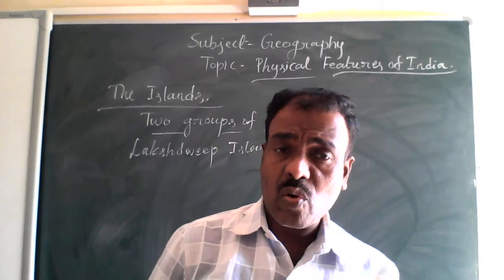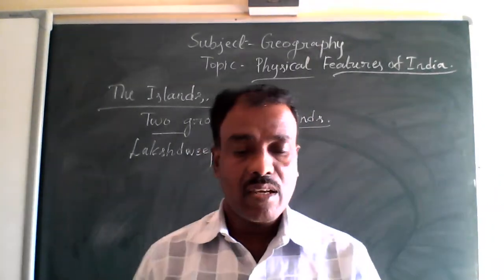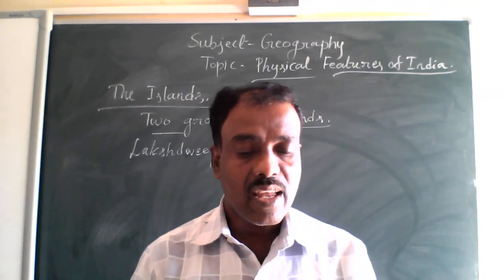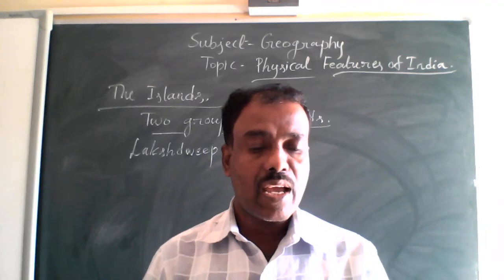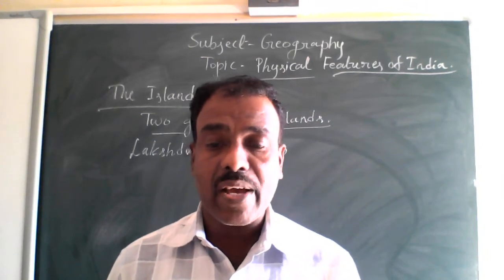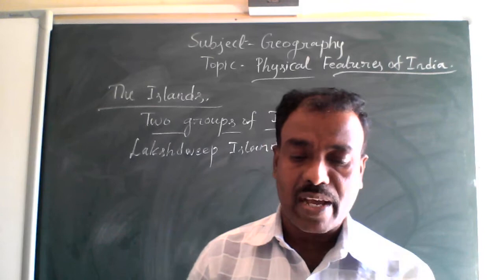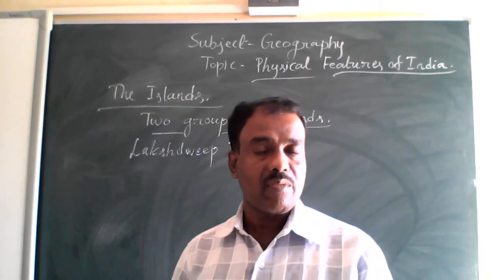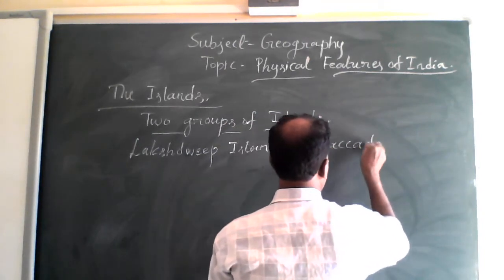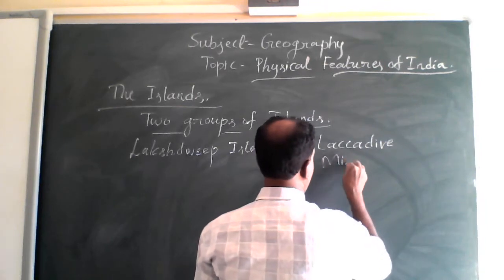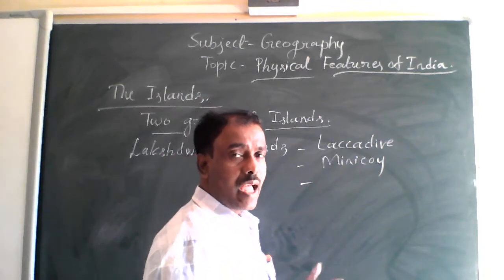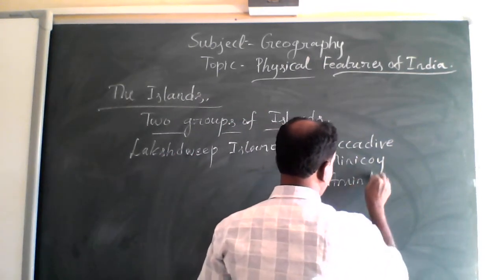These small coral islands were known as Laccadive, Minicoy, and Amindivi. Understood now? In 1973, these were named Lakshadweep. Before that they were known as Laccadive, Minicoy, and Amindivi.